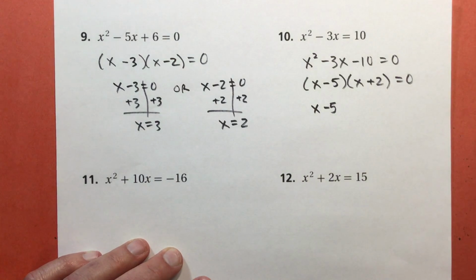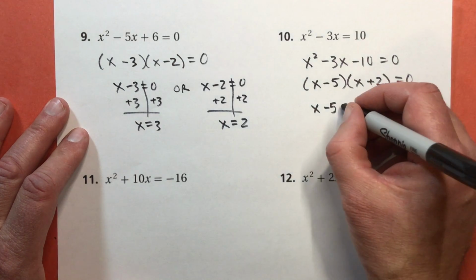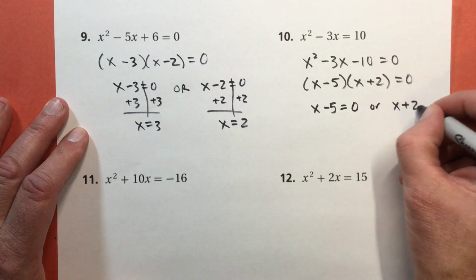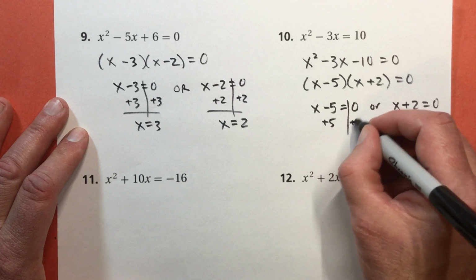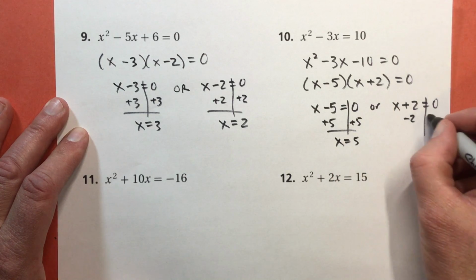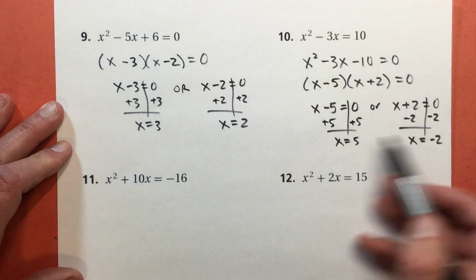I'm kind of breezing through the factoring, to be honest. That's because we've already covered how to learn that. If you were curious about the factoring part, I'll post those videos in Schoology so you can review. I get x subtract 5 equals 0, or x plus 2 equals 0. Add 5, I get x equals 5. Subtract 2, I get x equals negative 2. And you can check both of those.